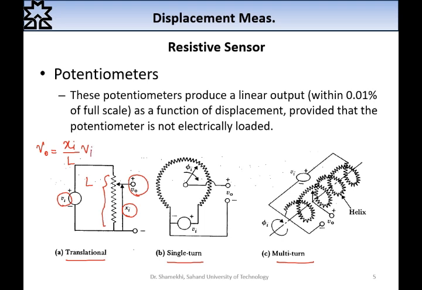You can connect this tip to any moving object, and you can use this tip to measure the displacement Xi. But the measured parameter in this potentiometer is a translational type.